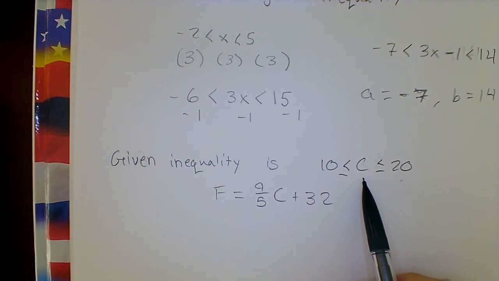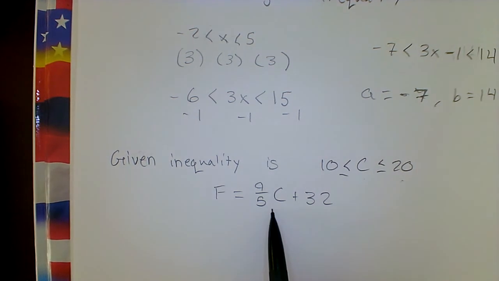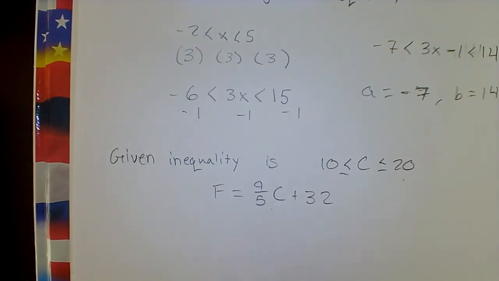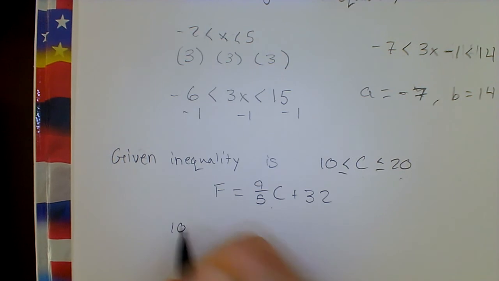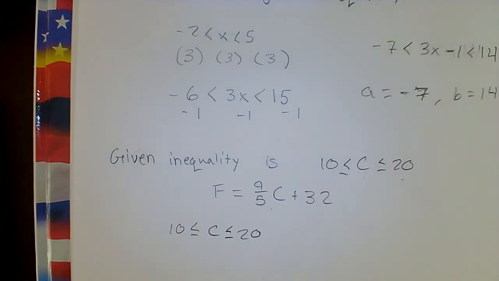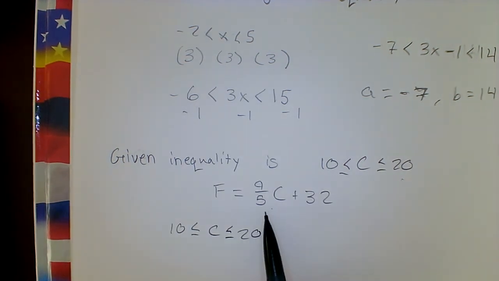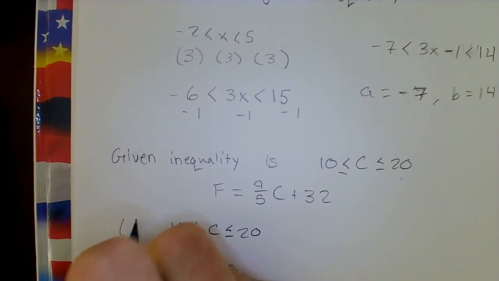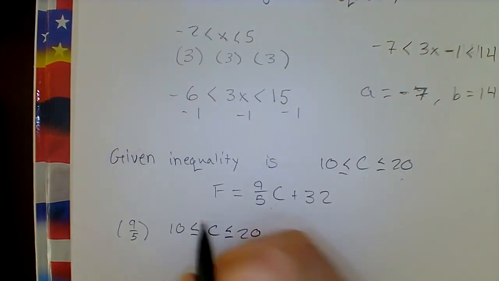So we're going to start with this given one, and we're going to make it look like this for Fahrenheit. So we have 10 is less than or equal to C, which is less than or equal to 20. So now to get it to look like 9/5 C plus 32, I need to multiply all three by 9 over 5.